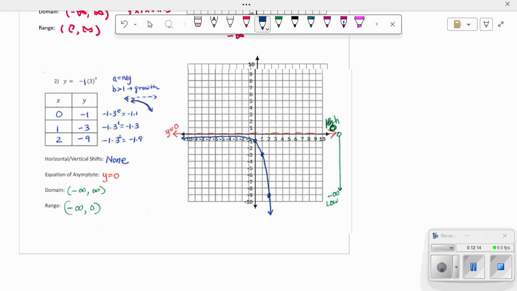You have no horizontal or vertical shifts, and your asymptote is at your default y equals 0. Domain goes positive infinity, negative infinity, because we have arrows both directions. But my range has a minimum at negative y as my start y, and a maximum at 0. Now, if you like set notation, you could also do this as y such that y is less than 0. Make sure it doesn't have the or equal there.